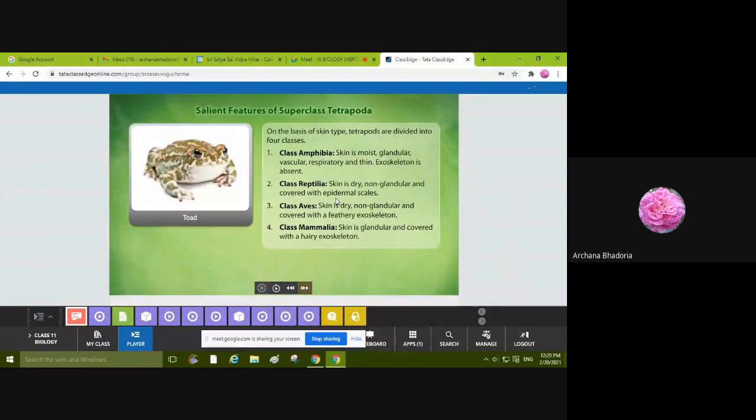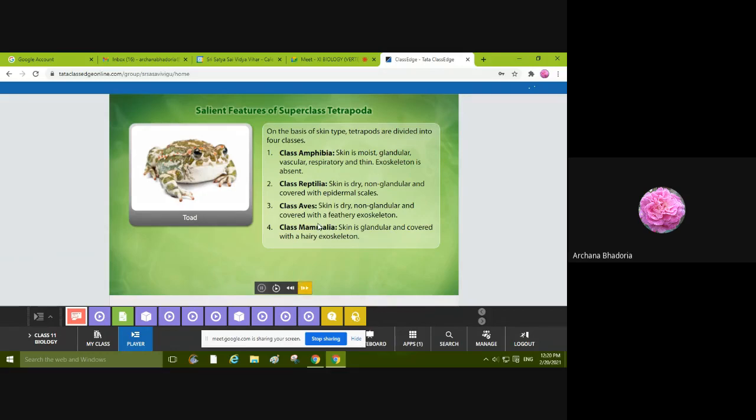Chordata. Subphylum? Vertebrata. Then superclass will be Tetrapoda, and class will be Reptilia. So try to learn this classification very nicely for your Monday's exam.